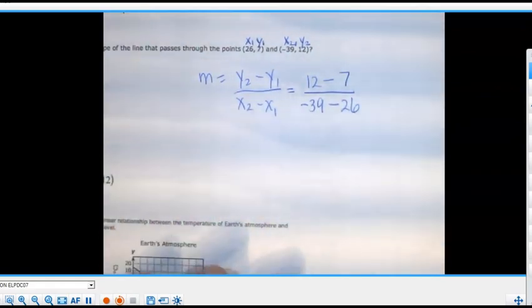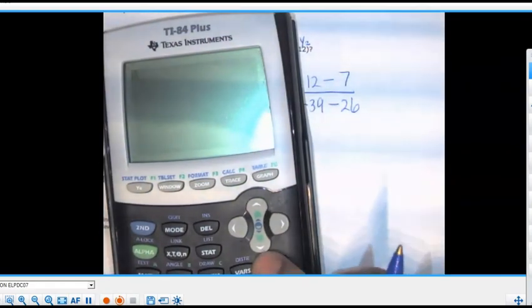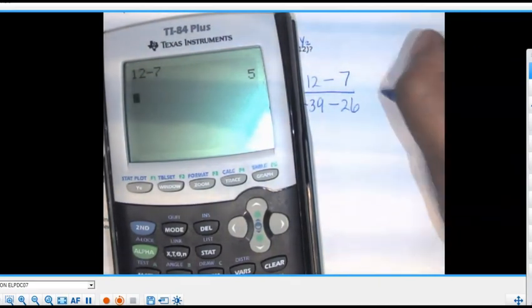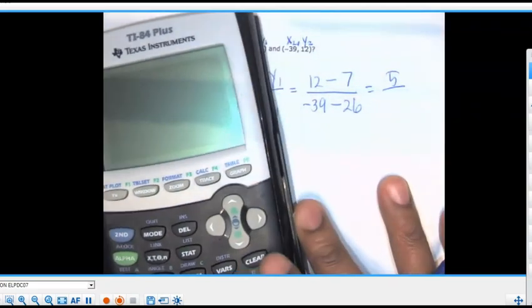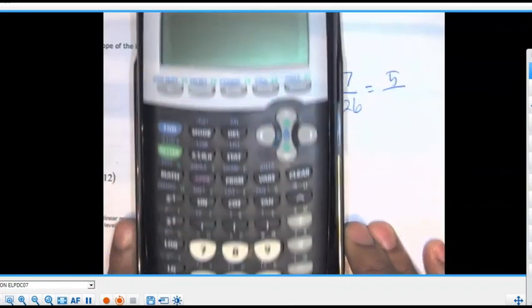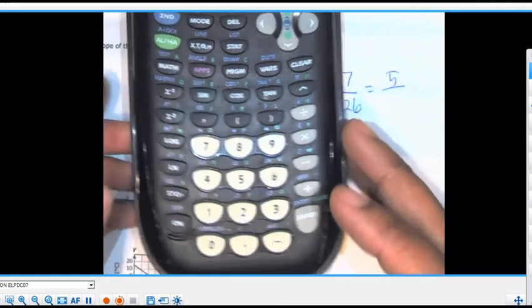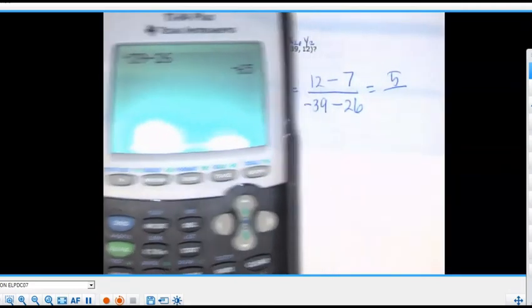Now this one I'm just going to use the calculator, just playing. There's 5 in the numerator. 12 minus 7 is 5 over. This is a -39 minus 26, so I'm going to hit the negative button. -39 minus 26 is -65.